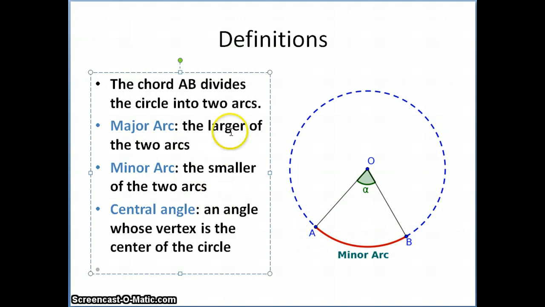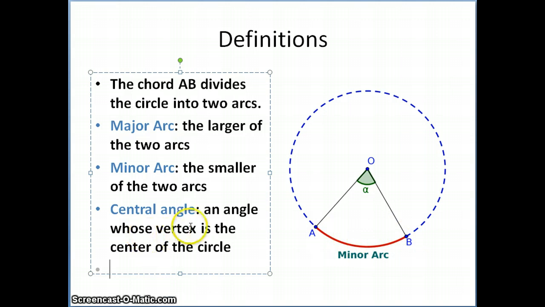We call the larger of the 2 arcs a major arc. So the dotted arc is the major arc, and the smaller one is called the minor arc, the red arc here in the picture.